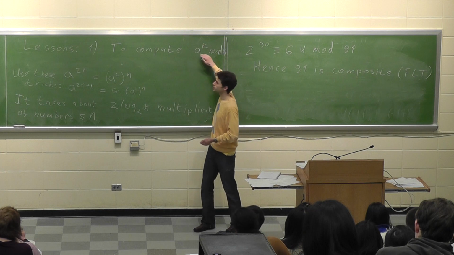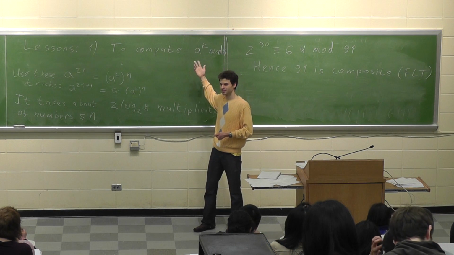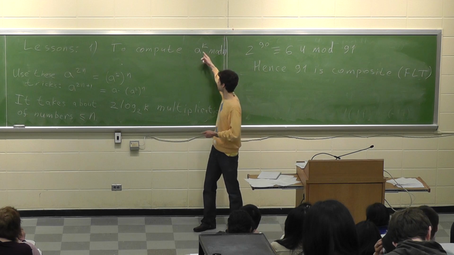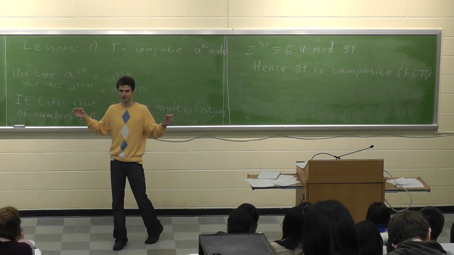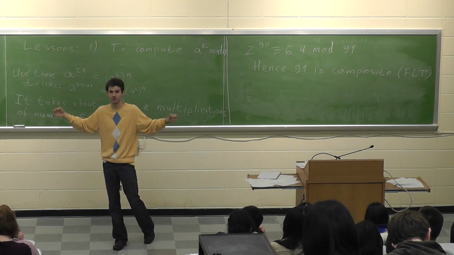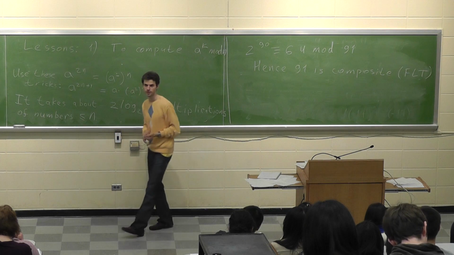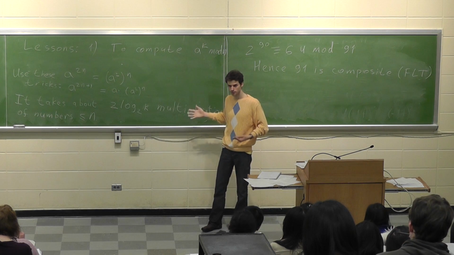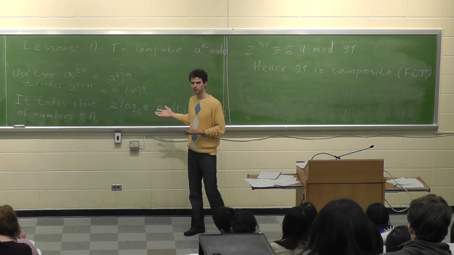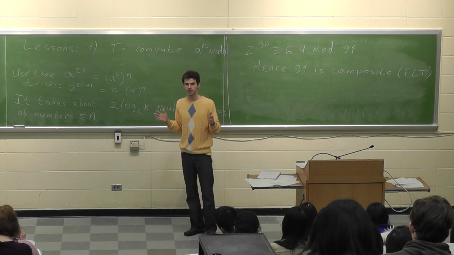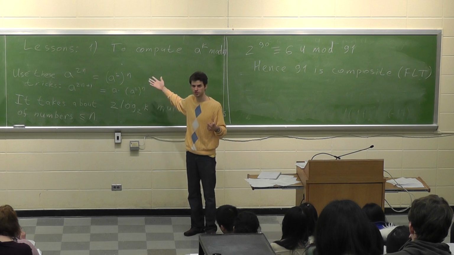On the other hand, doing it by the direct method, performing a number of multiplications equal to a number which has 100 digits, is not manageable even by computer. So you can take a huge number, a number with 100 digits, and test whether it is composite using this method.